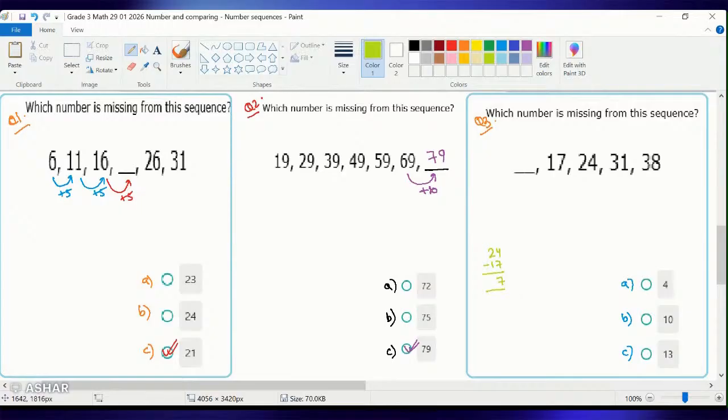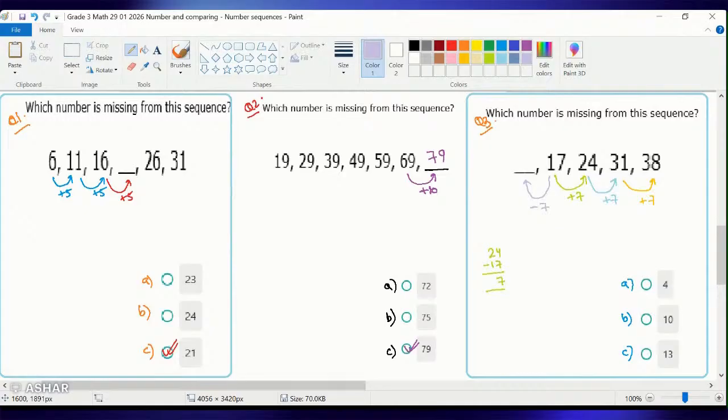That means each number is being increased by 7, right? This should also be 7. So when we are moving towards the right side, if we are adding 7, then if we move towards the left side, we should subtract a 7, right?